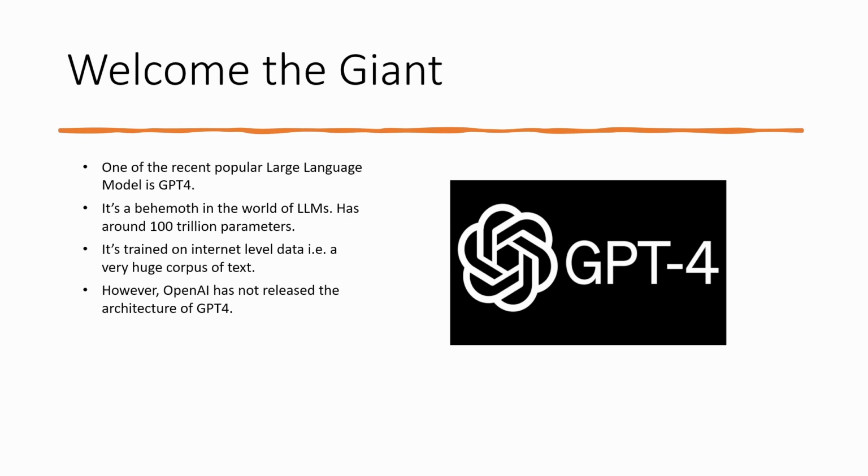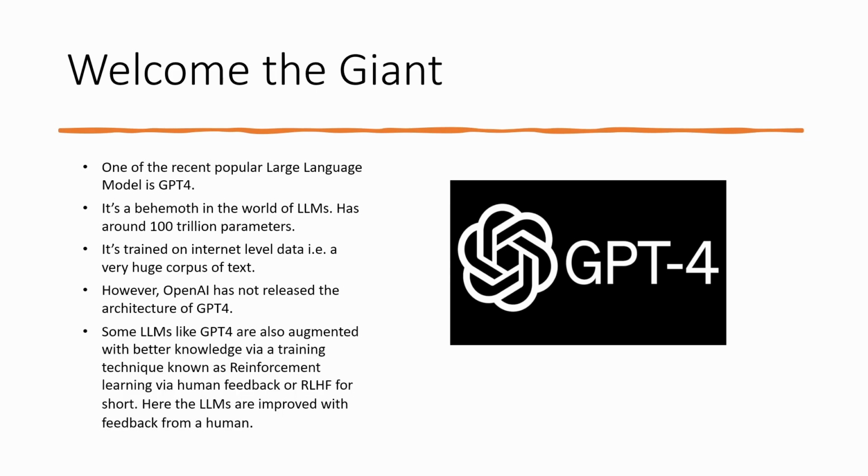However, OpenAI has not released the architecture details of GPT-4, so we don't know exactly what kind of architecture it has and how much it deviates from the earlier GPT models. Some large language models like GPT-4 are also augmented with better knowledge via fine tuning, or a training technique known as reinforcement learning via human feedback, or RLHF for short.